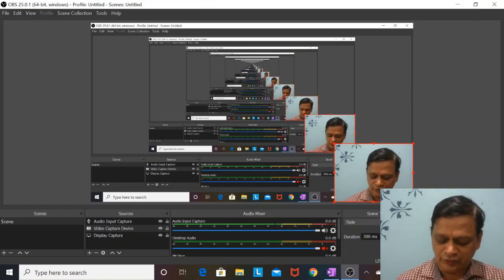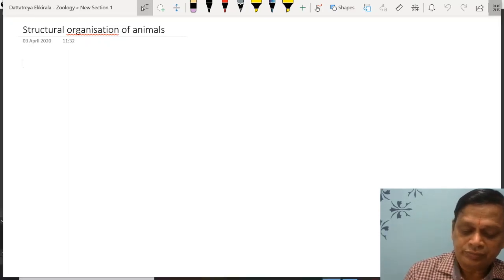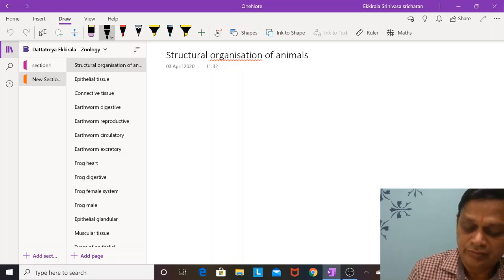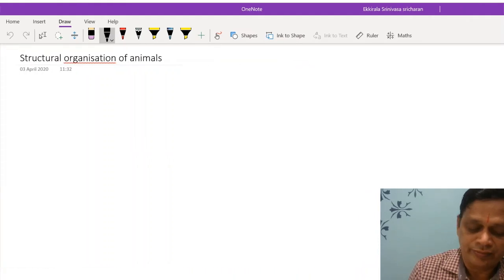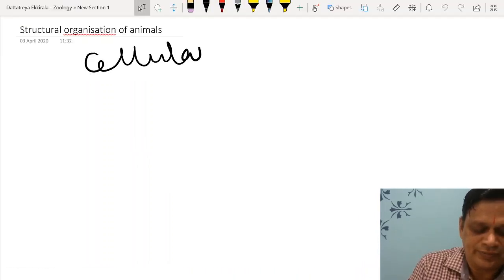In the case of Porifera, it shows cellular grade of organization.